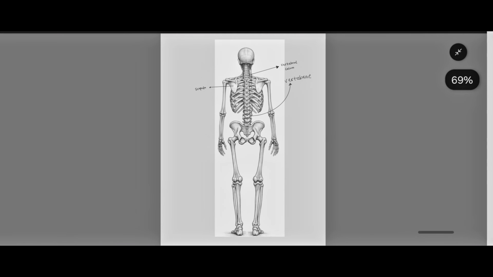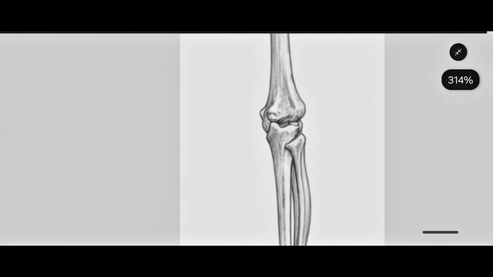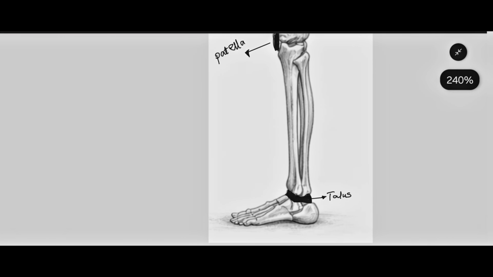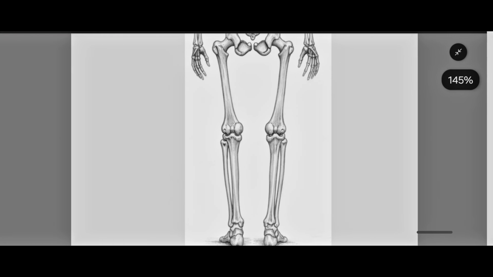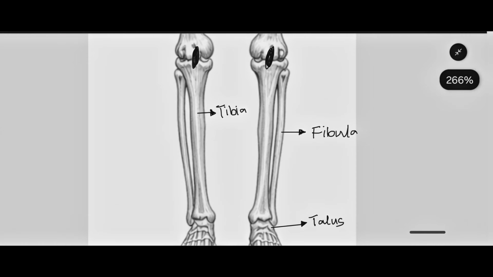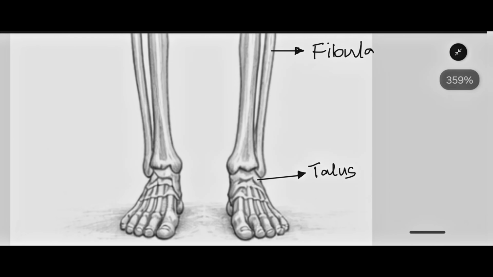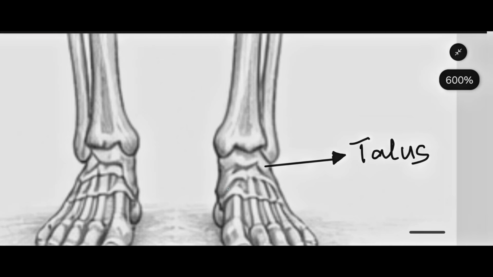So if I was to draw that looking sideways, it would look something like this right here, and that is your patella. Now moving down to your ankle. At the ankle, we have the tibia, we have the fibula, and we have a small bone down here called the talus.